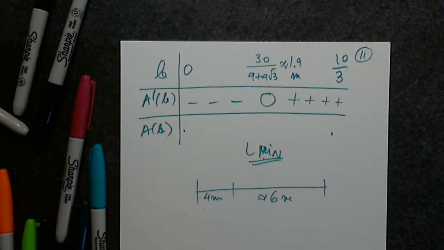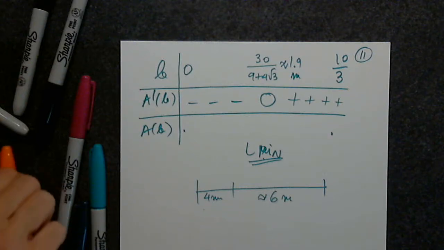Okay, so now I want to plug in this function. I want to plug in 0, and I have 6.25. And now I want to plug in 10 divided by 3. And I get 4.8. That's all I needed.